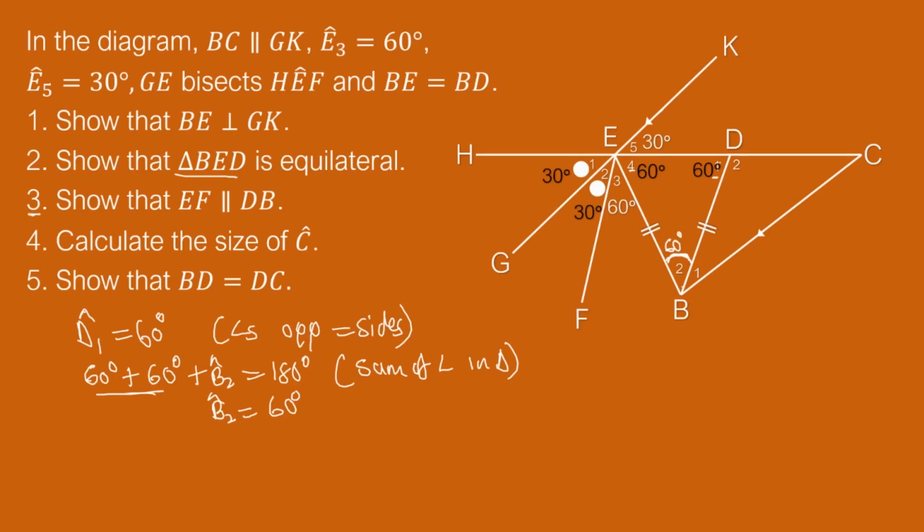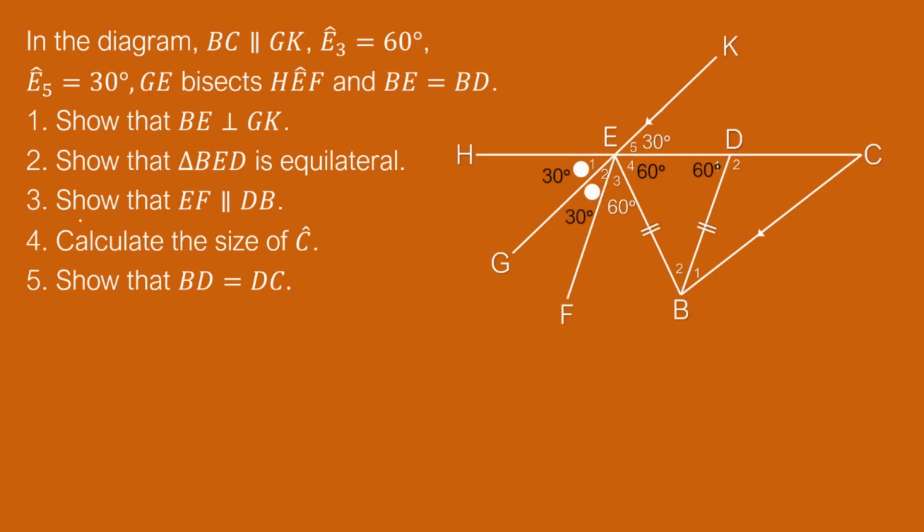Let's do question 3. Show that EF is parallel to DB. If two lines are parallel, we can have corresponding angles being equal, or alternate angles being equal, or co-interior angles being supplementary. Now let's check these ones. This whole angle FEK, what is it? It's 60 plus 60, which is 120. So this whole angle FEK is 120.